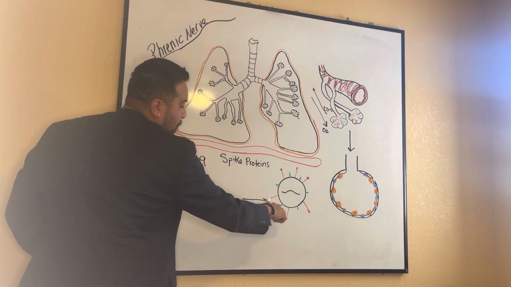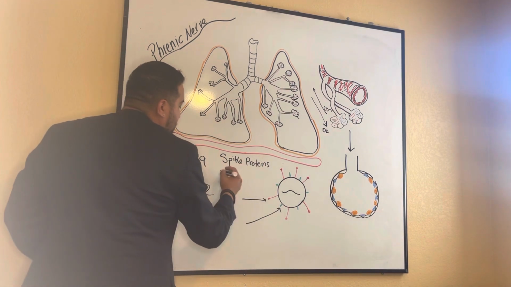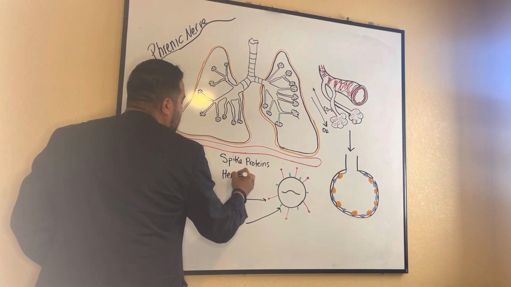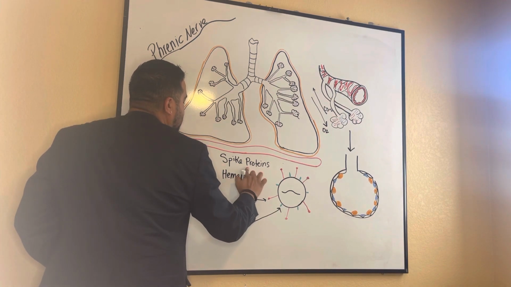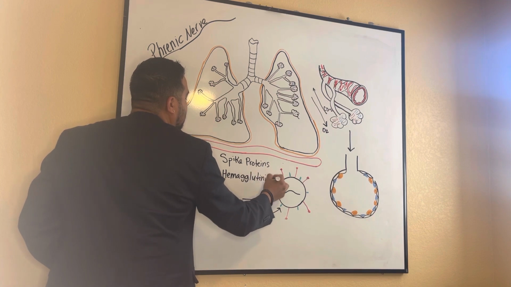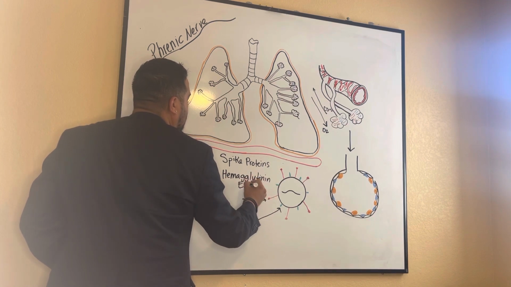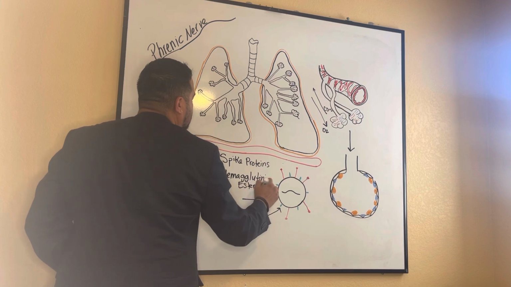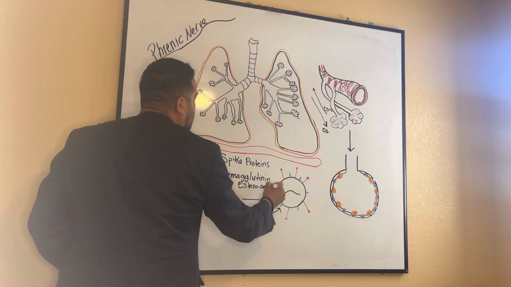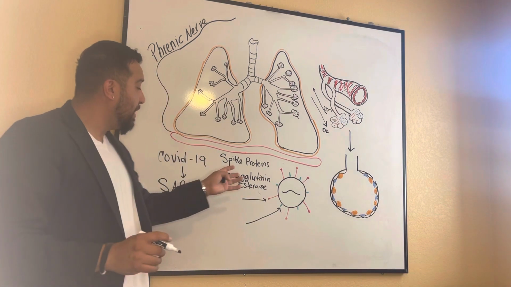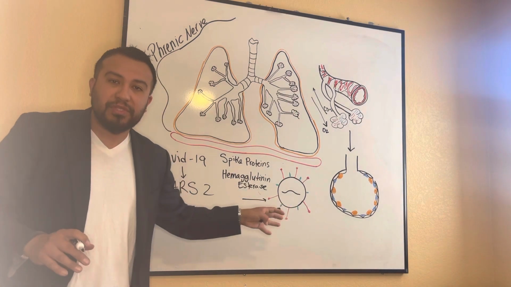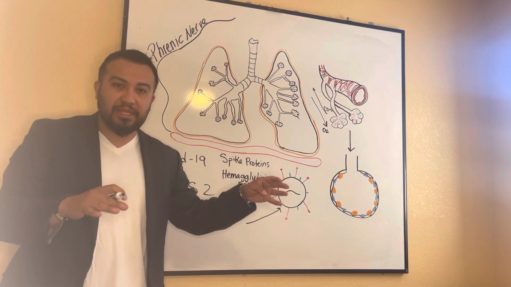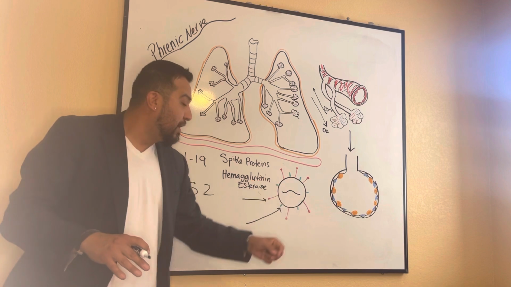And then you have the little green ones right here that you know as the hemagglutinin esterase protein. There are other proteins on the surface of the membrane of the virus.